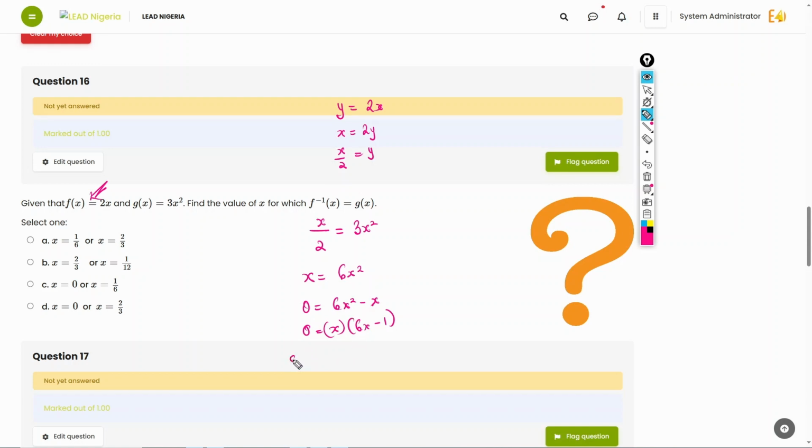So x itself might be 0, which is the first factor, or 6x minus 1 could be 0. So 6x would be 1, and then x would be a sixth. So you rather go down that route than just divide both sides by a variable. If you had done that, you would have gotten a solution of 1 over 6, but you probably would have been confused as to whether it is A or C. But the correct option is C.